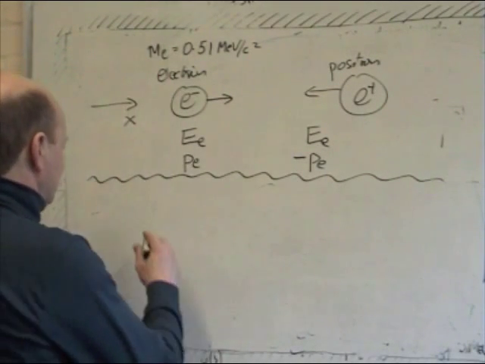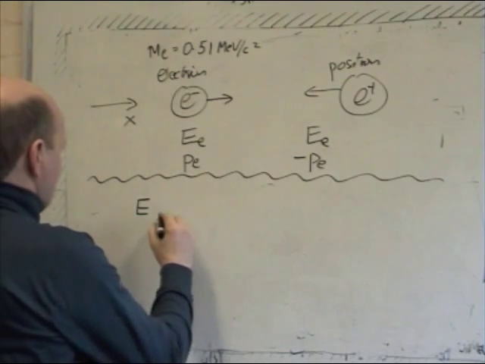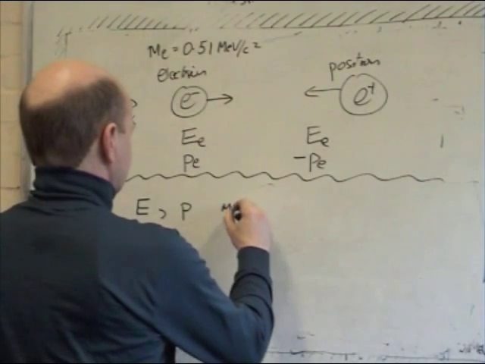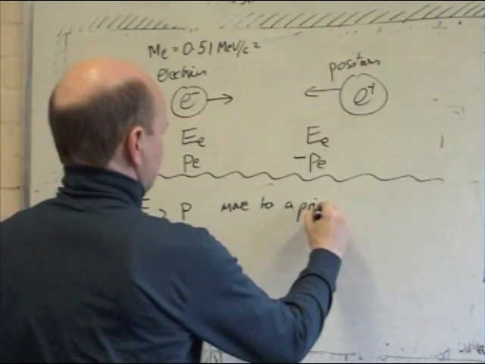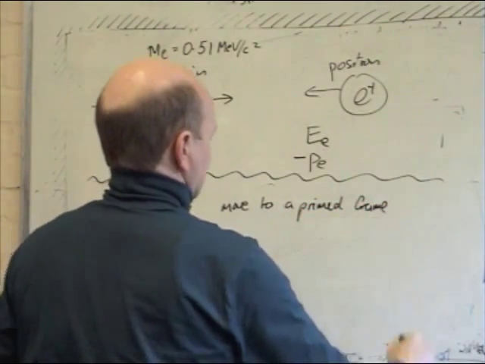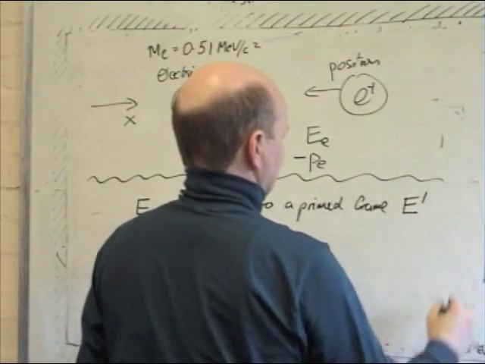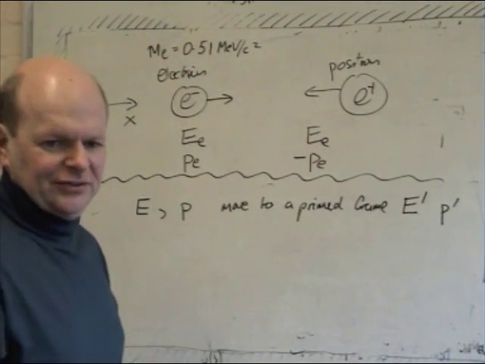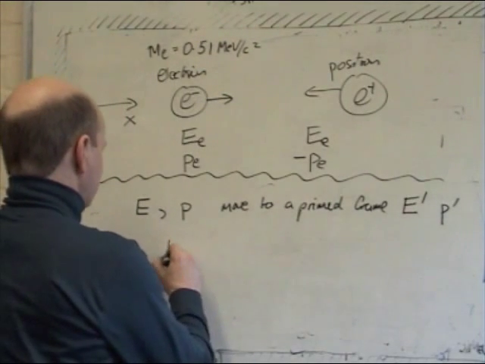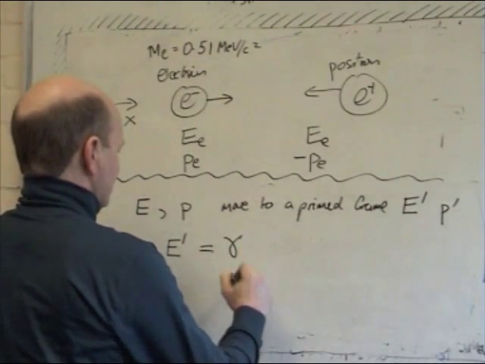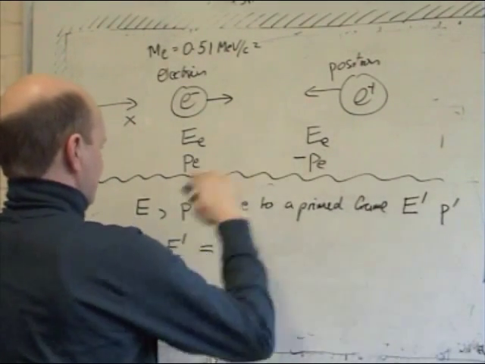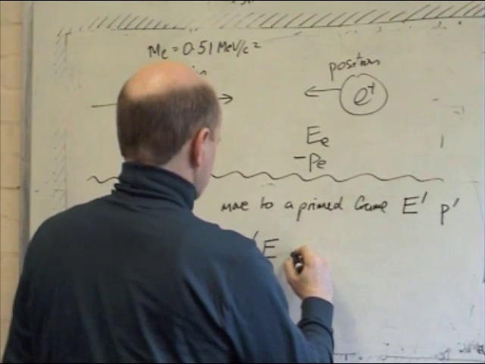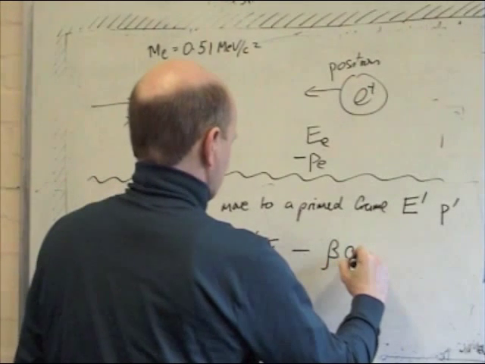If you have a particle that in some frame has energy E and momentum P, and you want to move to a different frame, a primed frame, where the same particle will have a different total energy E primed and total momentum P primed, and the momentum of the particle is directed along the x-axis, then the energy E primed equals gamma for the primed frame with respect to the unprimed frame times E minus beta cP.